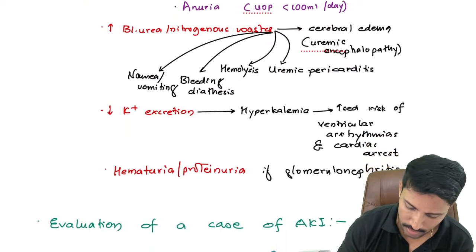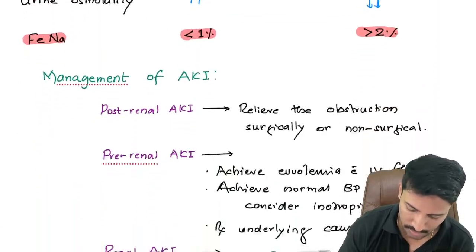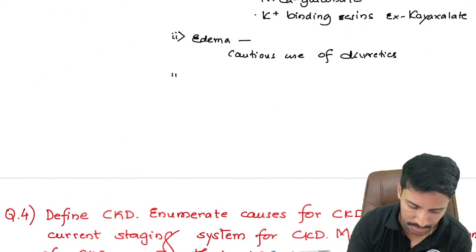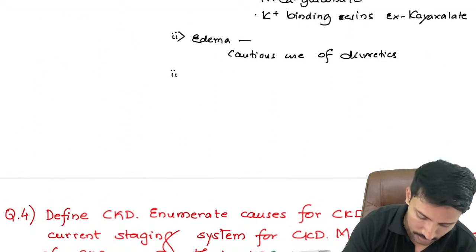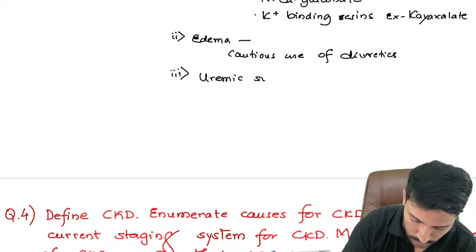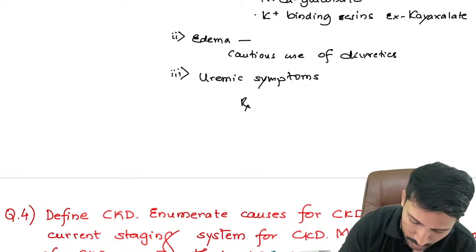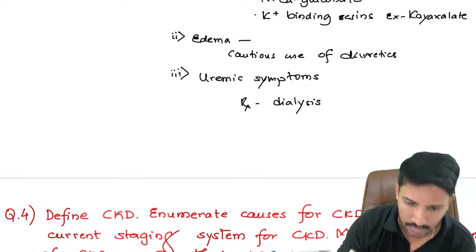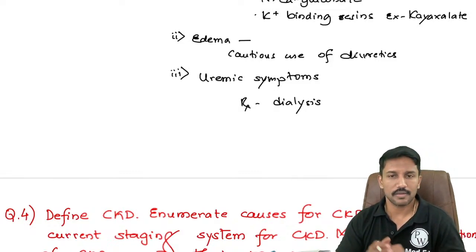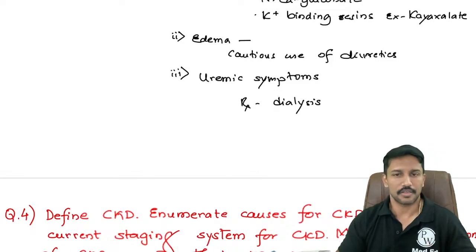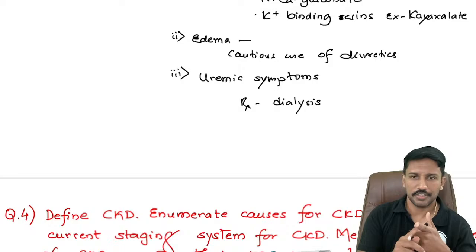The edema or decreased urine output, we can try to manage with diuretics, of course, only in selected conditions, not in the prerenal AKI. Then third, uremic symptoms. How do I treat uremic symptoms? Uremic symptoms can only be treated by dialysis. You cannot treat the uremic symptoms by any other drugs. You can treat high potassium levels.